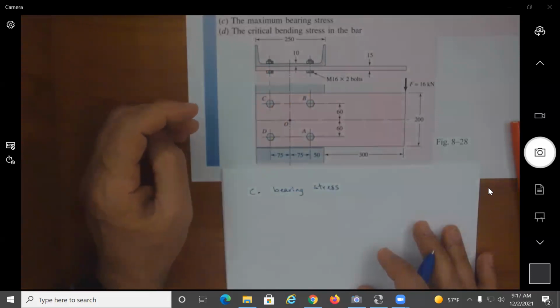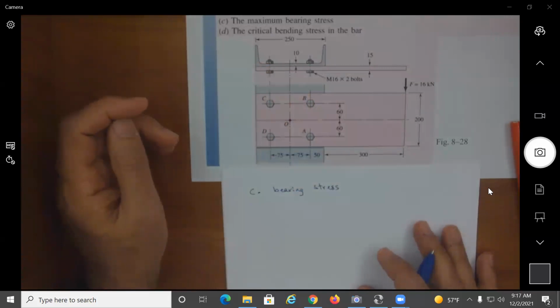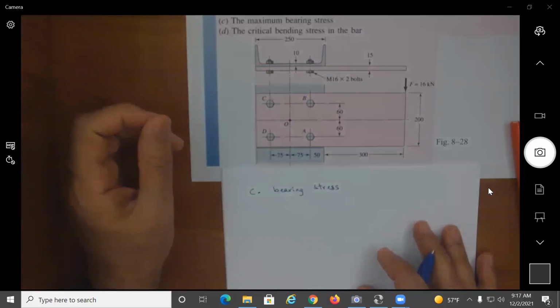And clearly, the channel has a thickness that is smaller than that of the bar.